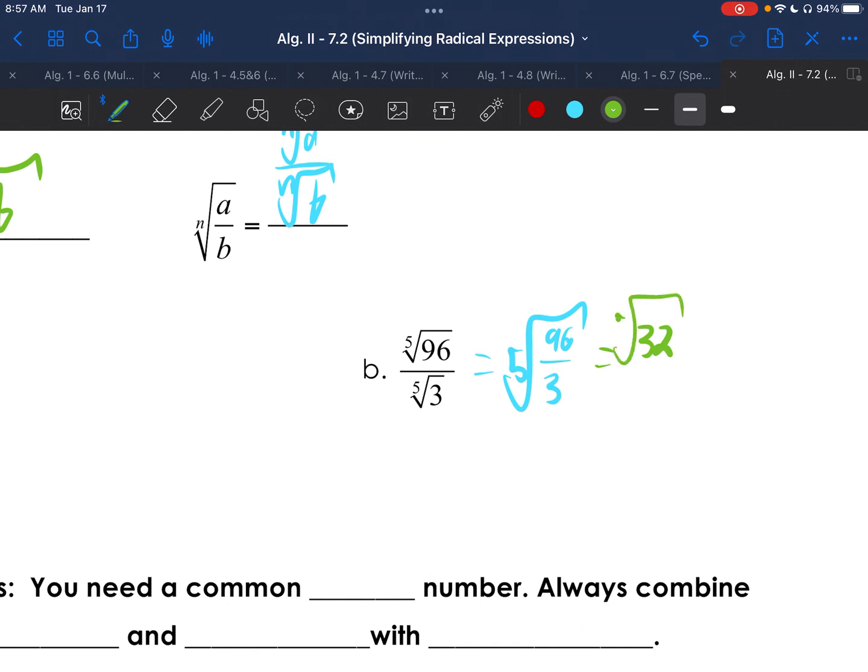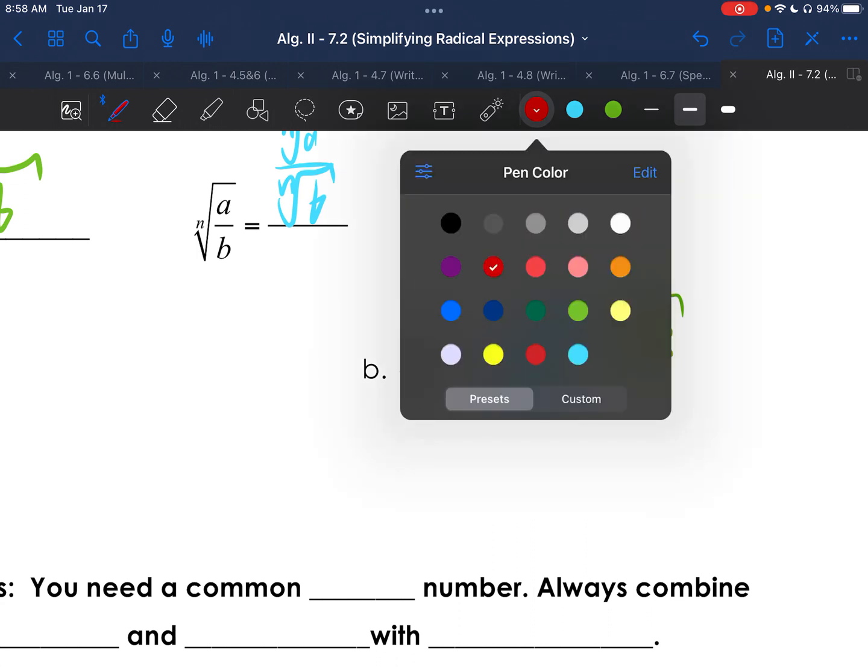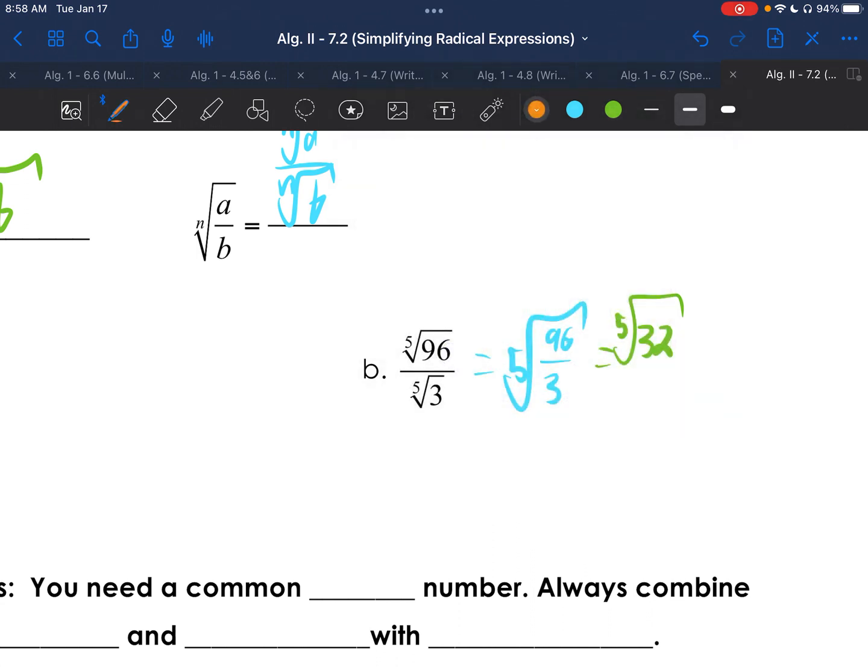And so you have the 5th root of 32, which is, let me switch to orange here. Oh, I'm not doing Christmas colors. The 5th root of 32 is 2, and that would be your answer. Now, if you notice, hey, these are the same index number, and you want to skip this blue step and essentially go straight to saying, hey, that's the 5th root of 32 by dividing those, you definitely can.